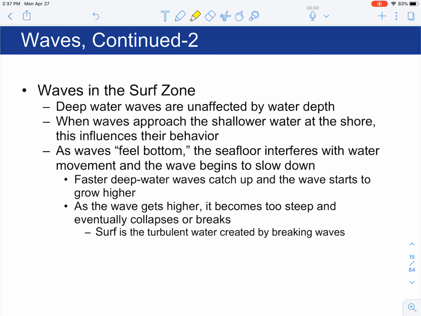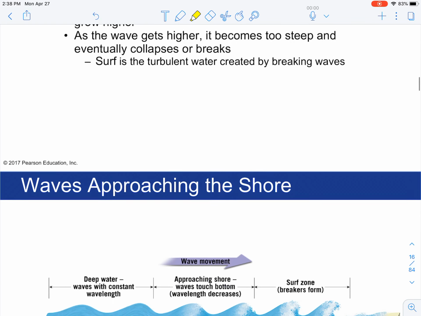So when the trough meets the bottom or the sea floor, the bottom of the wave kind of gets stuck or slows, and the top of the wave has no resistant force, and so it starts to build in height, and then eventually, because it's moving faster, the height of the wave is kind of moving at a different rate than the bottom of the wave, and that's where you see the cresting or breaking of the wave, and then the eventual collapse.